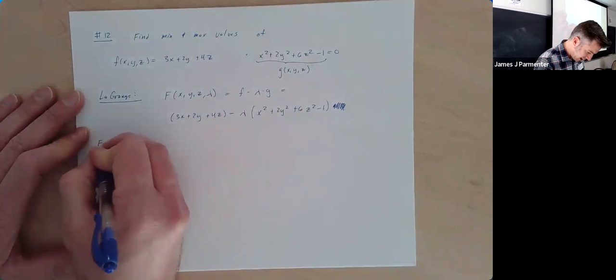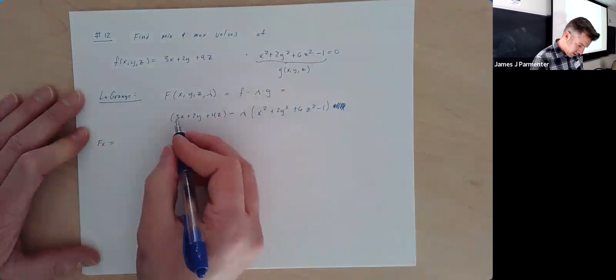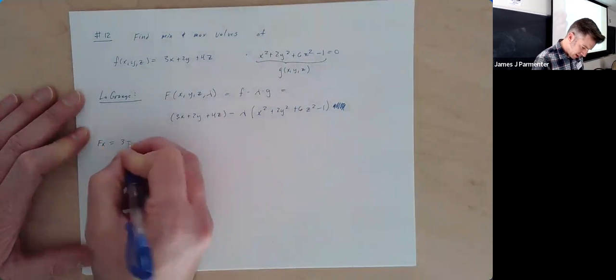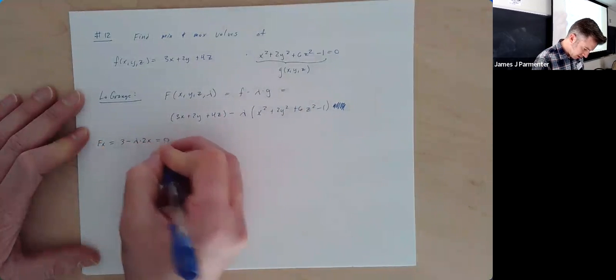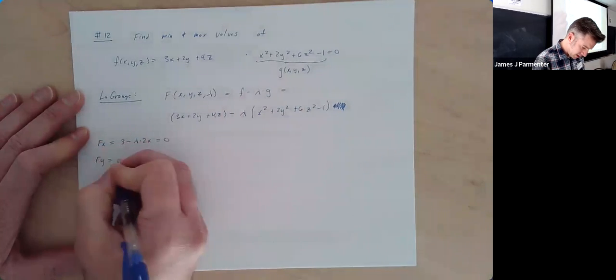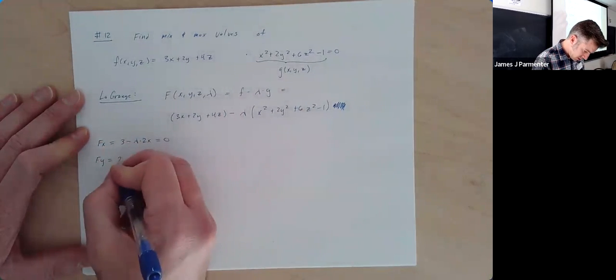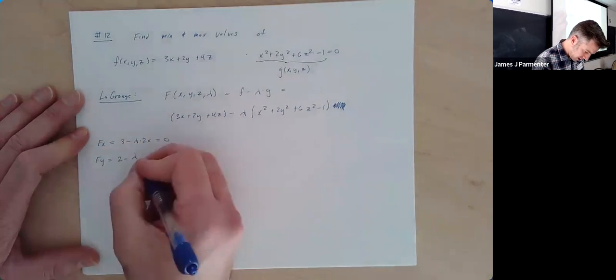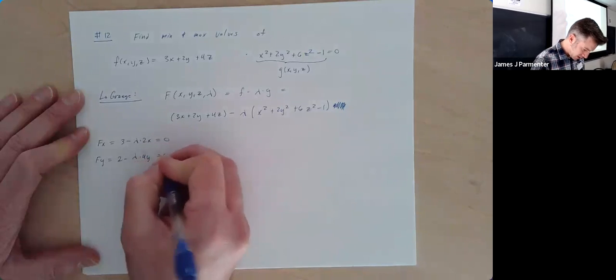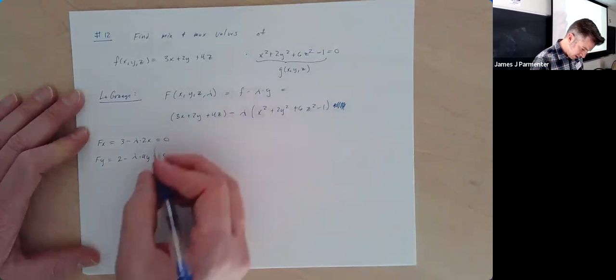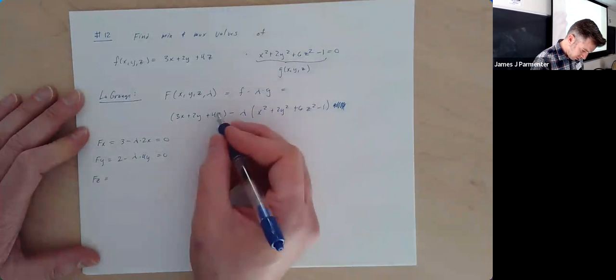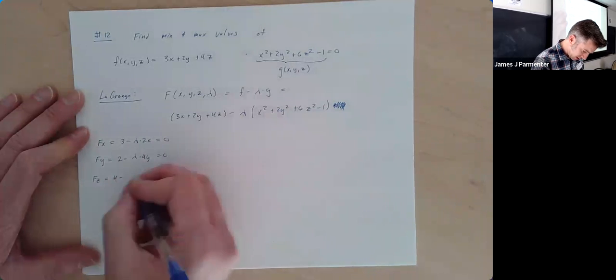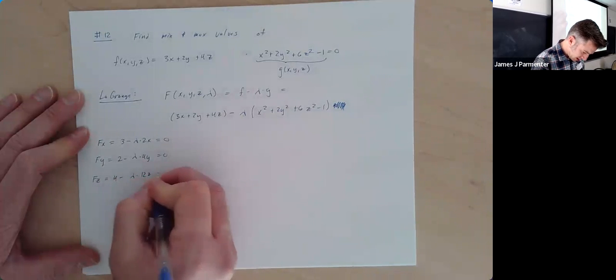Fx is going to equal 3 minus lambda times 2x, set that equal to 0. Fy is going to equal 2 minus lambda times 4y, set that equal to 0. And Fz is going to equal 4 minus lambda times 12z, set that equal to 0.